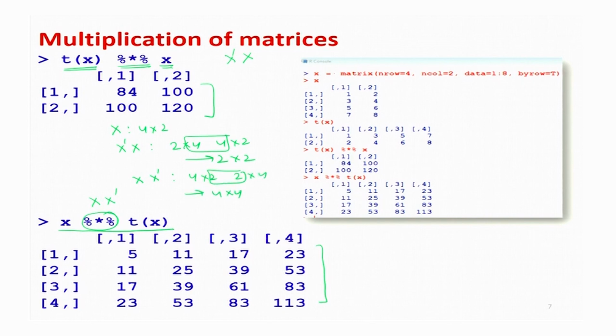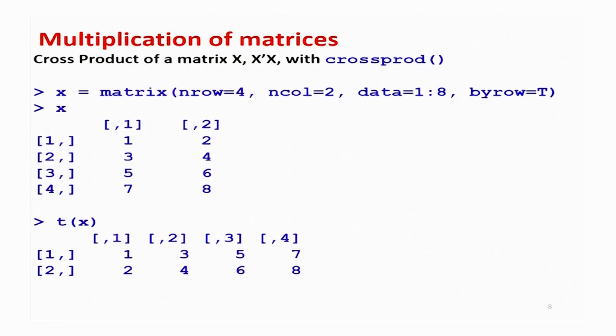And you know this quantity X transpose X is very popular in statistics, right. So, that is why people have created a function which is called CrossProd, CROSSPROD.